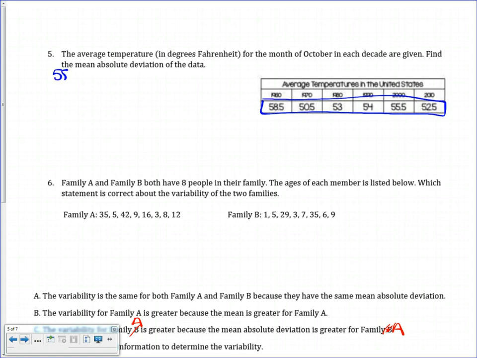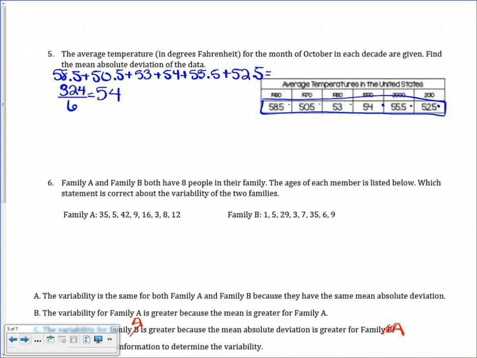So 58.5 plus 50.5 plus 53 plus 54 plus 55.5 plus 52.5. We add those up, we get 324. And because there are 1, 2, 3, 4, 5, 6 data points, we divide that by 6. And we get 54.